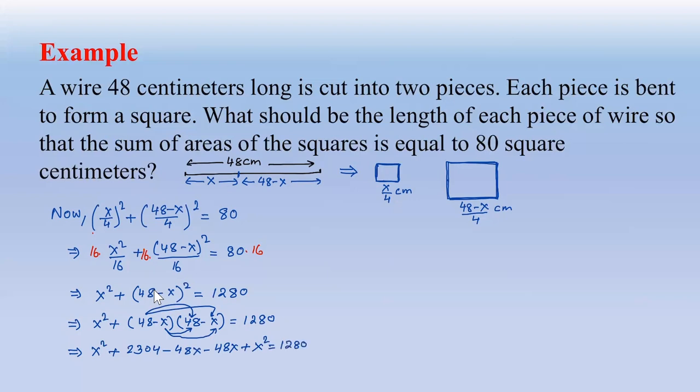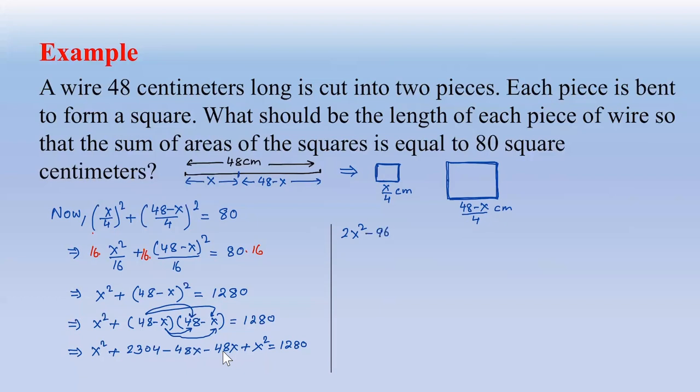So we are almost getting the standard form of the quadratic equation. In the next step, we have X squared and X squared, that is 2X squared. Here we have negative 48X and negative 48X, so that is negative 96X.